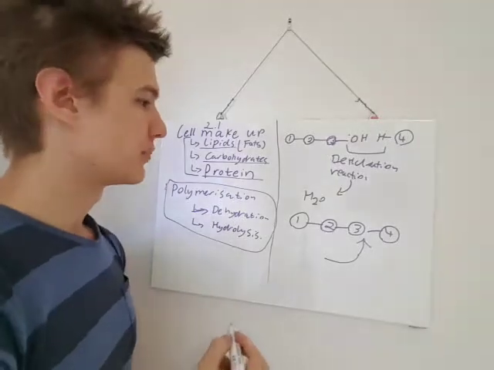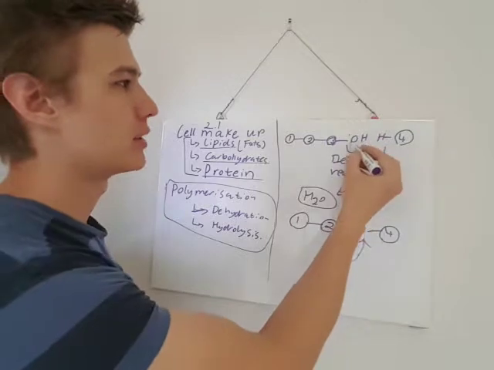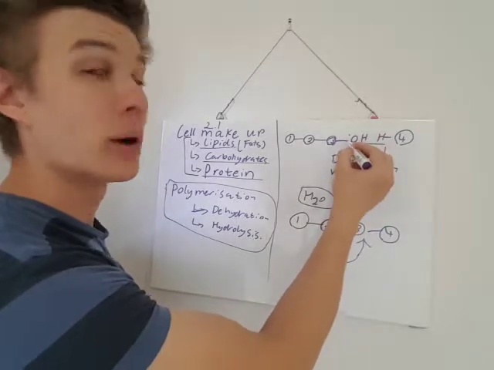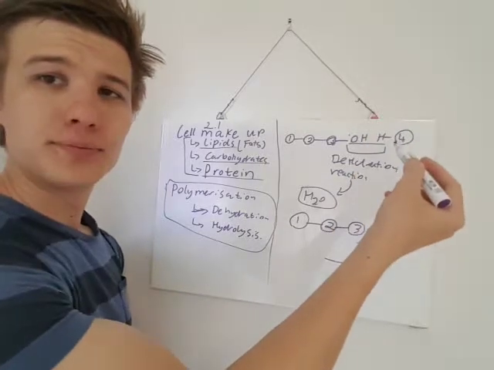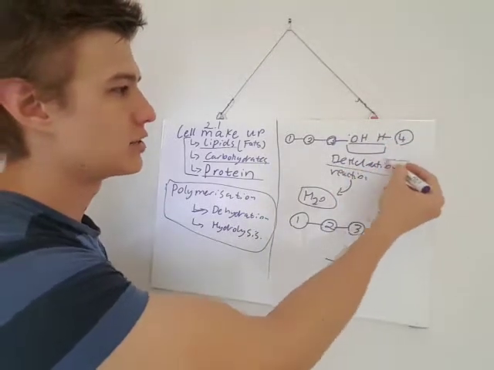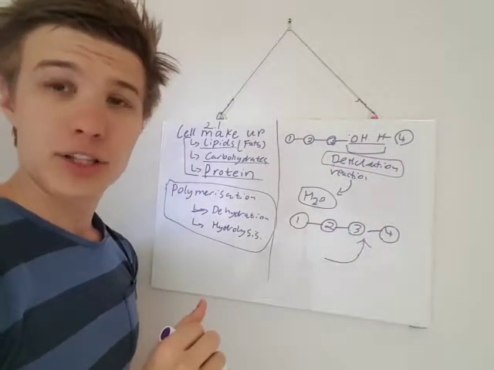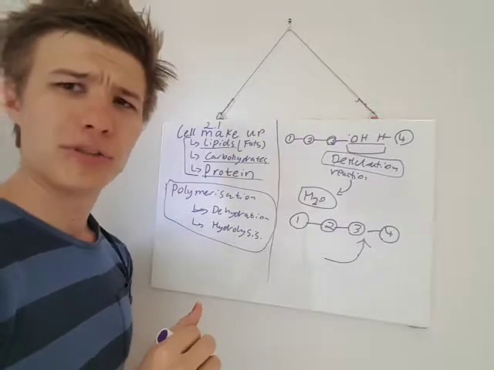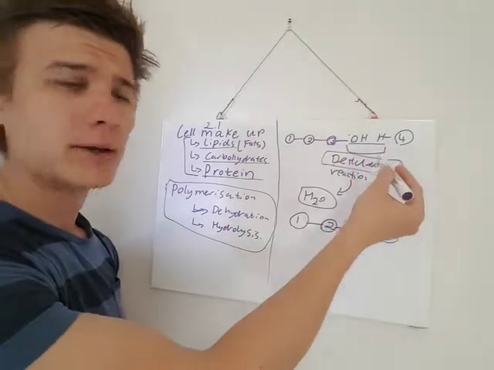Hydrolysis. Right? So, very simply, I just want us to remember that you start with an OH and a H, a hydroxyl group and a hydrogen, and they get pulled off through a dehydration reaction. Dehydration because water comes out of the polymer.